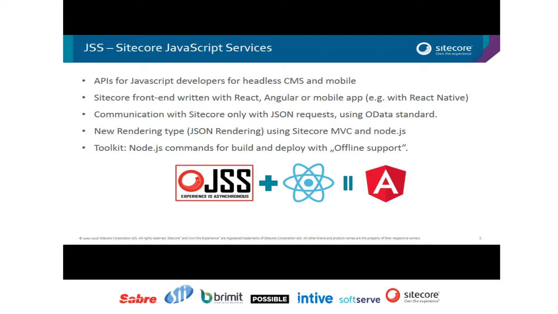So, for example, if you have many front-end components, some dynamic stuff which communicate with each other, which take the data asynchronously. Right now in Sitecore, it's problematic, because Sitecore doesn't offer too much to support it. So with JSS, finally, you will have the ability to do it.